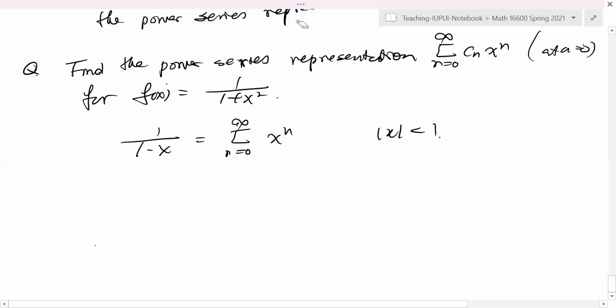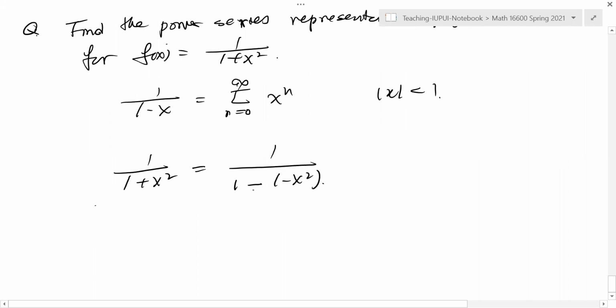So now, this function I can express in this way. Compare this, it's a similar form. In the place of x, I replaced it by negative x squared.